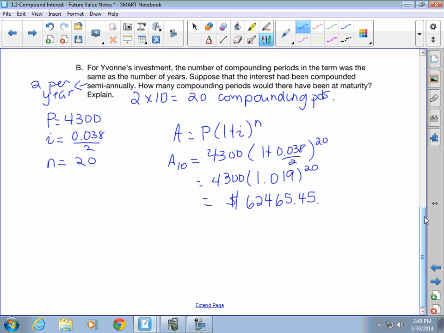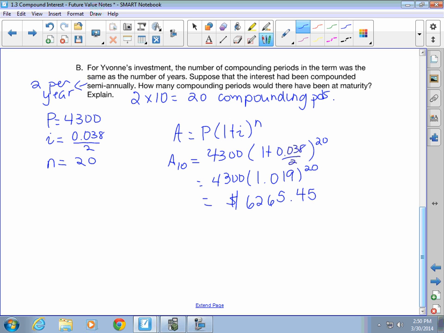So let's see, 4,300 times 1.019 to the power of 20. I put an extra 4 in there. That was my problem. So $6,265.45. There we go, that's better.